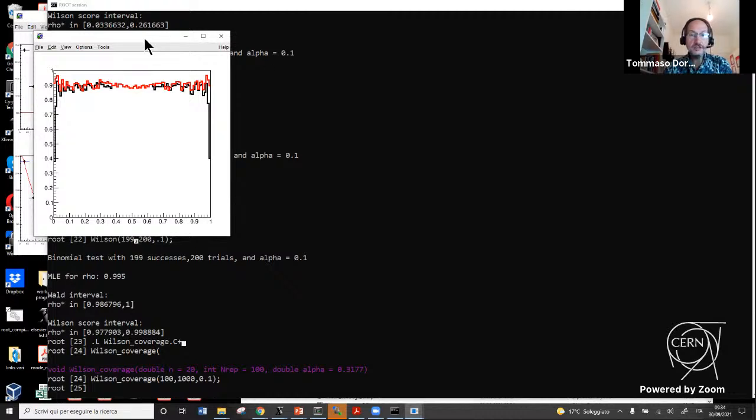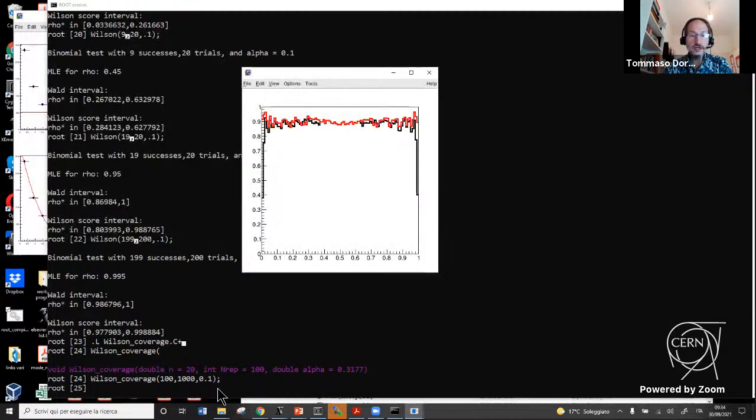Here you see what the coverage is. At the alpha level of 0.1, you expect 90% coverage, and that is more or less what happens with Wilson and Wald. But you see that the Wald interval fails miserably when rho is very small or very large.